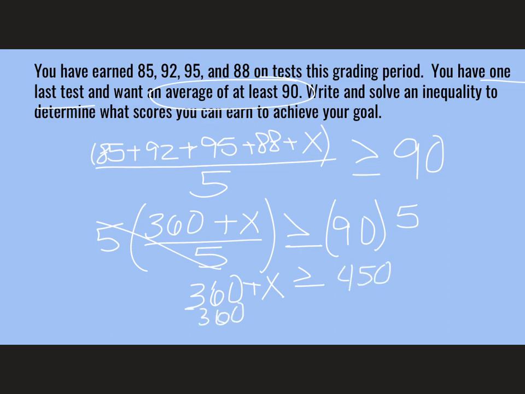Subtracting 360 on both sides, x is greater than or equal to 90. All right, so that means you need to make a 90 or better in order to get that 90 average.